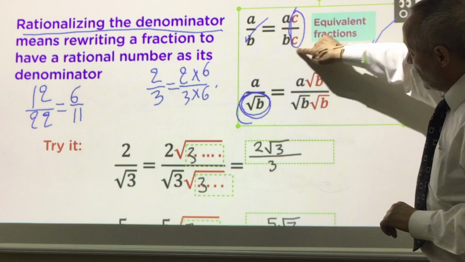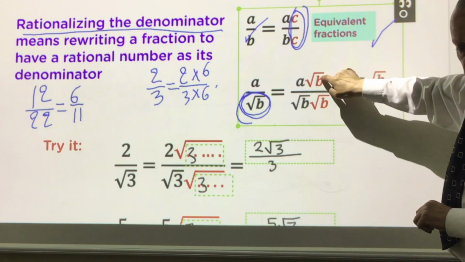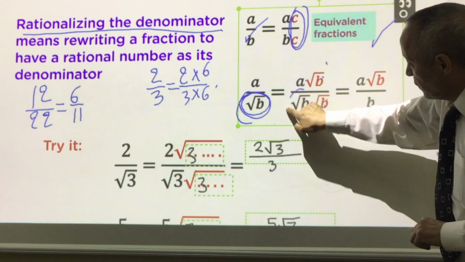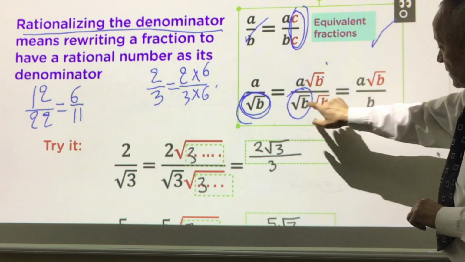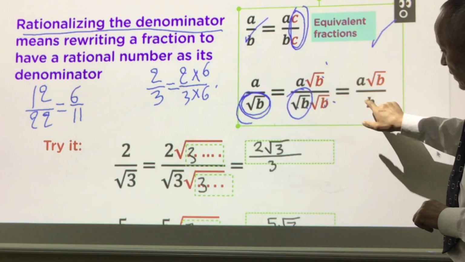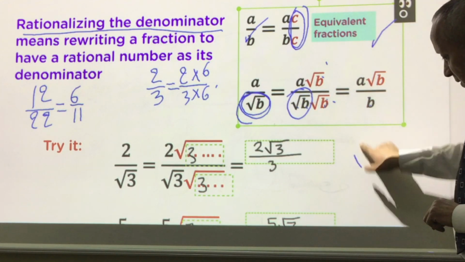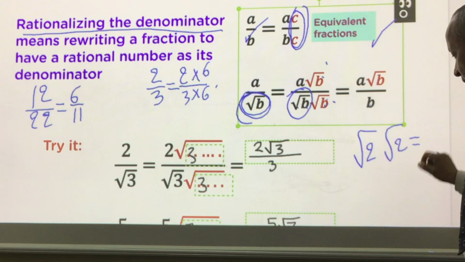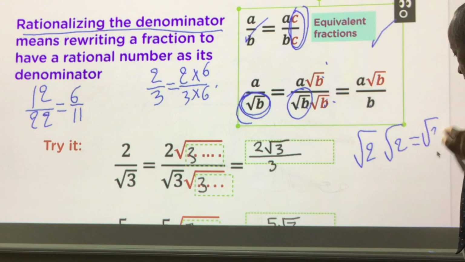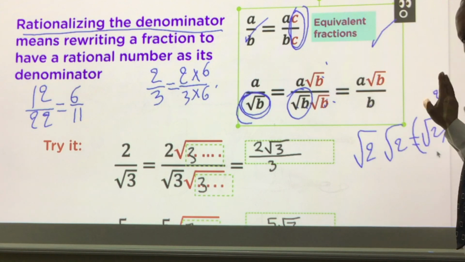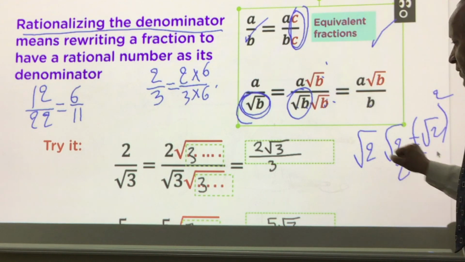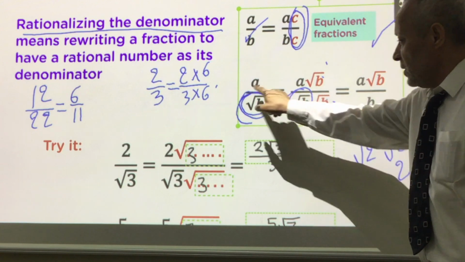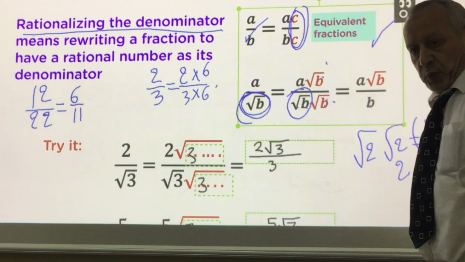Multiply both numerator and denominator by square root of b. When you multiply square root of b times square root of b, it equals b. You know that, yeah? Square root of 2 times square root of 2 equals what? 2. Because it's square root of 2 squared. So this is going to help us to eliminate the irrational value.